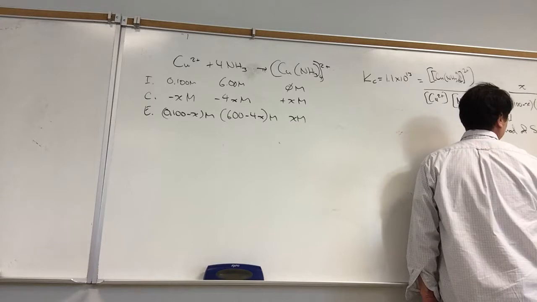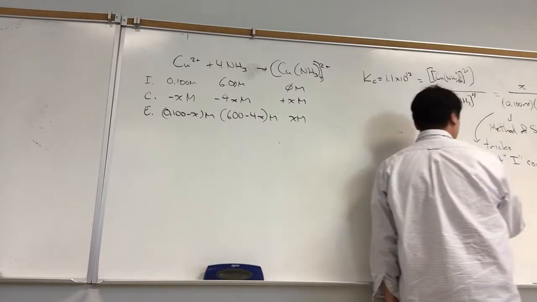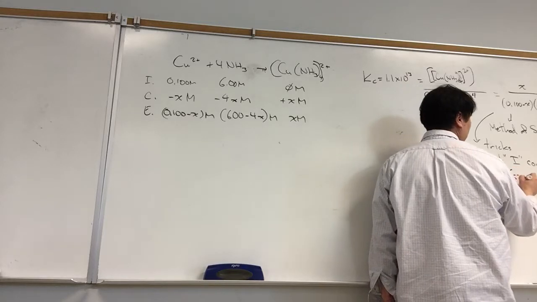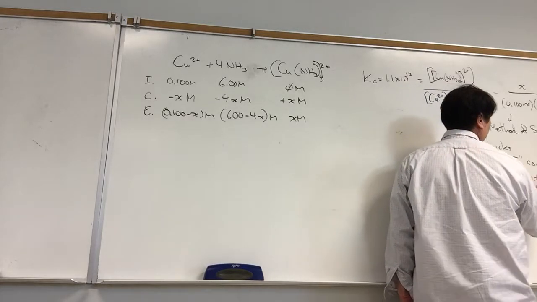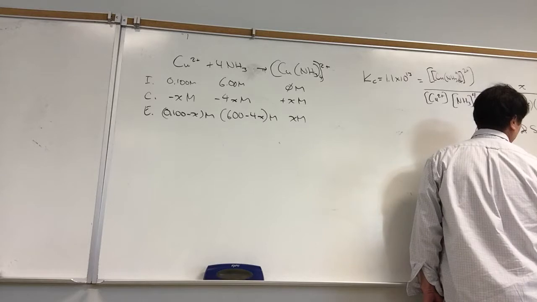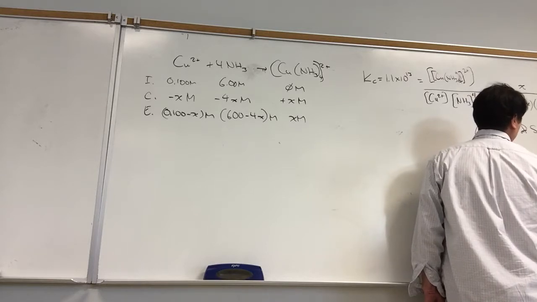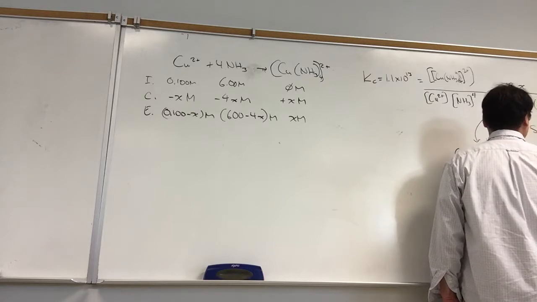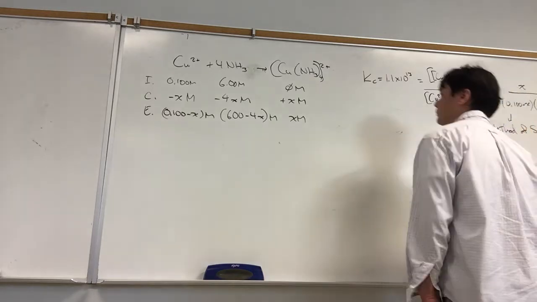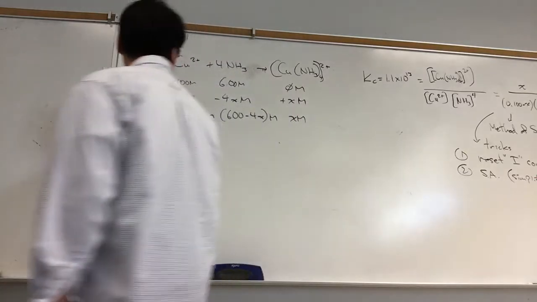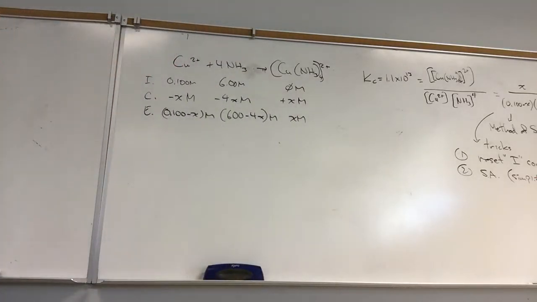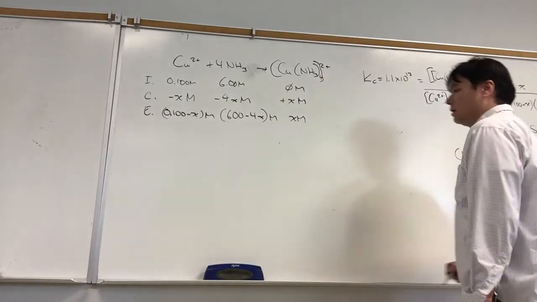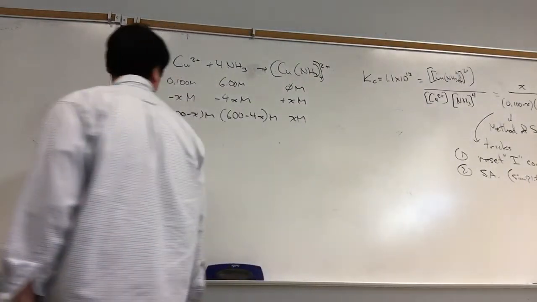And so in other words, we just reset I. And then 2 is SA. SA stands for simplifying assumption. These 2 methods are going to make this problem much simpler than guess and check, for sure.